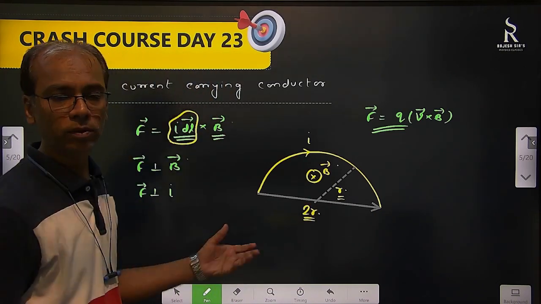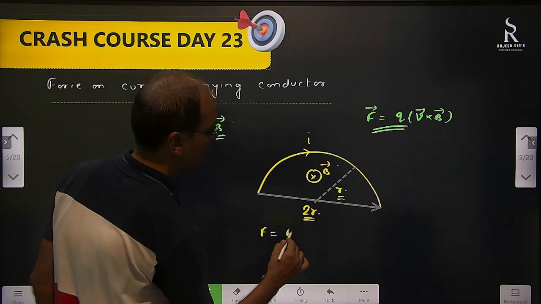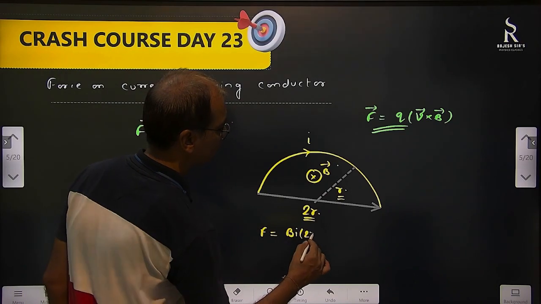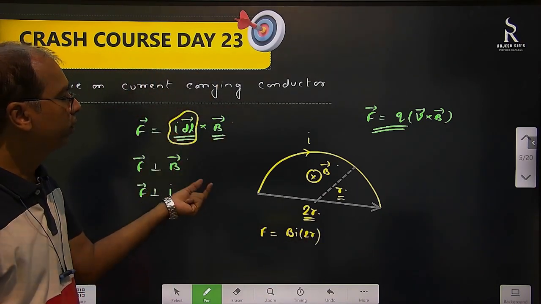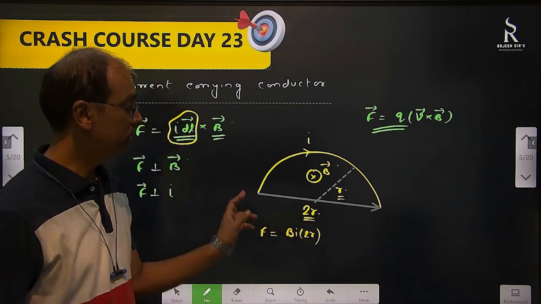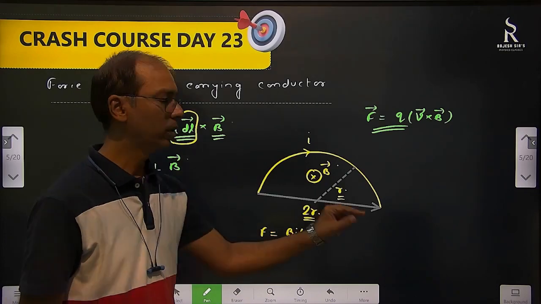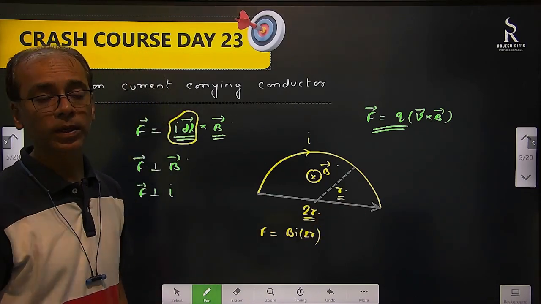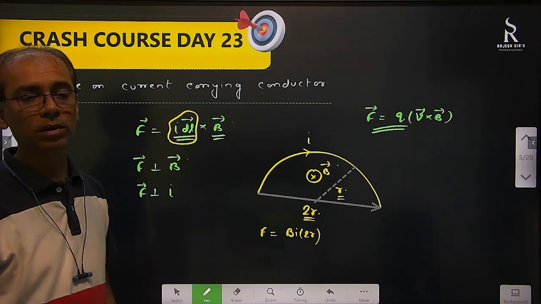So if I have to write the force in this case, the force will be B I into 2R. B I, and the length I have taken is 2R. And the direction is this, because it's moving from here to here. Now the question is, what is the direction of the force?